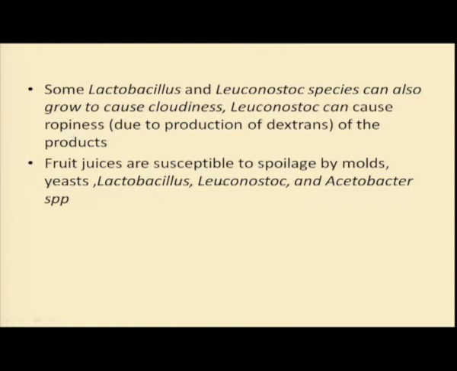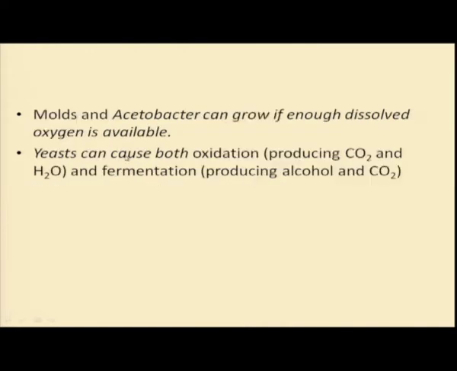Fruit juices are also susceptible to spoilage by molds, Lactobacillus, Leuconostoc, etc. Molds and Acetobacter can grow if enough dissolved oxygen is available. Yeast can cause both oxidation, producing carbon dioxide and water, and fermentation, producing alcohol and carbon dioxide. So, depending upon the type of damage caused by yeast, the nature of the beverage in which the yeast is growing will change.